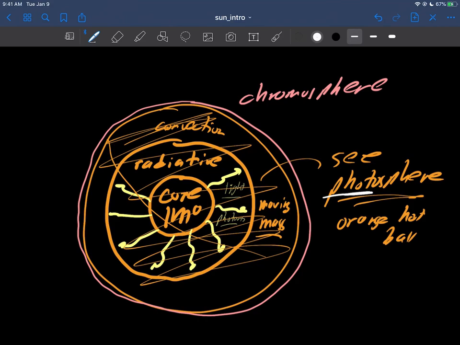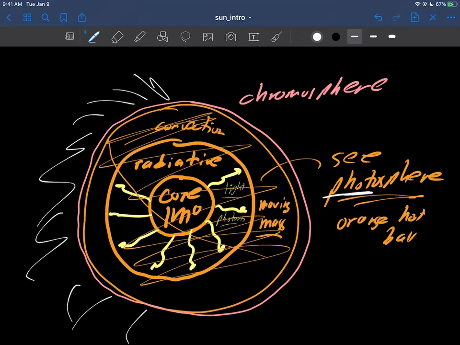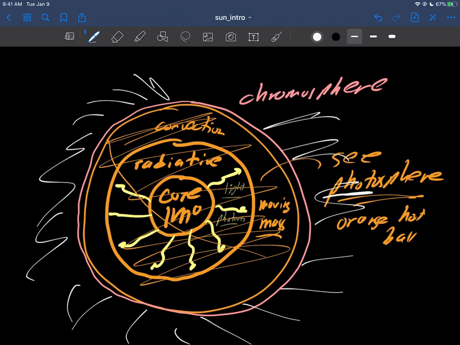And then, of course, the last one in here is the wispy corona. That's otherwise invisible unless during a solar eclipse. Okay, so there you go. That's the structure of the sun that we'll be concerned with there. And of course, you have those prominences and flares, which are the storms in there.